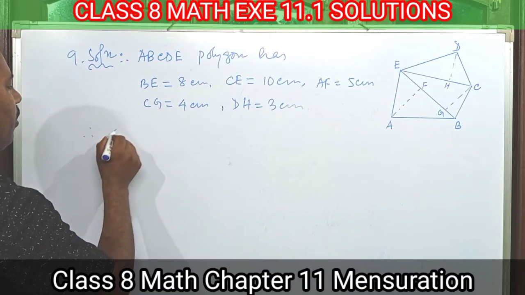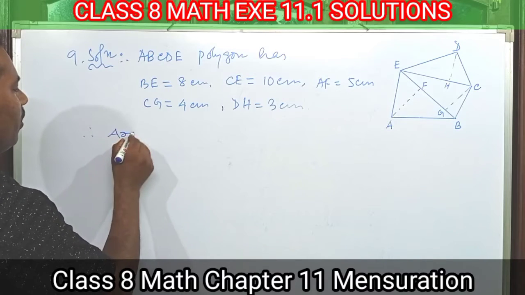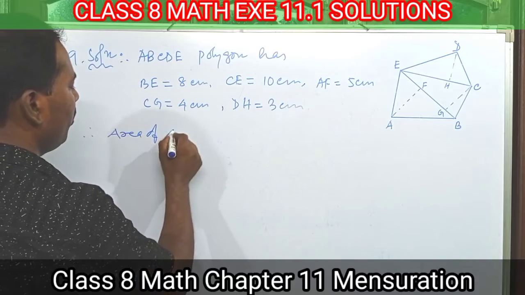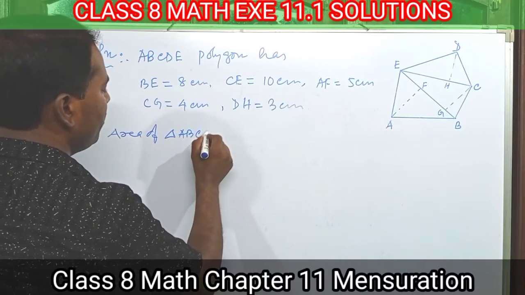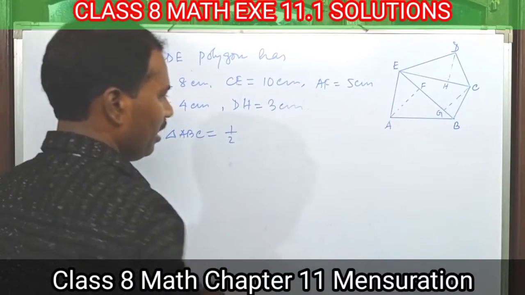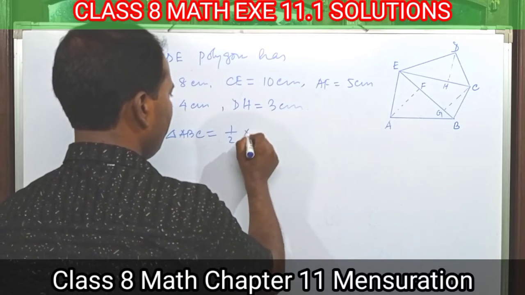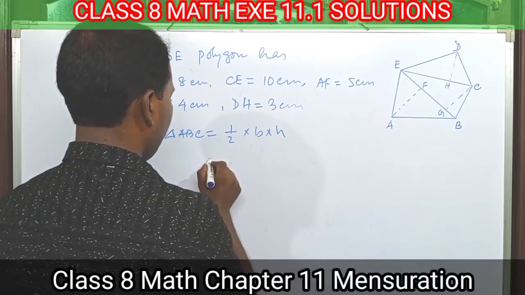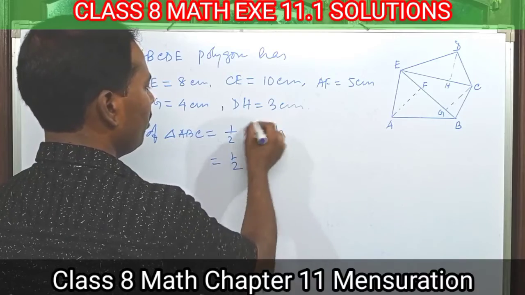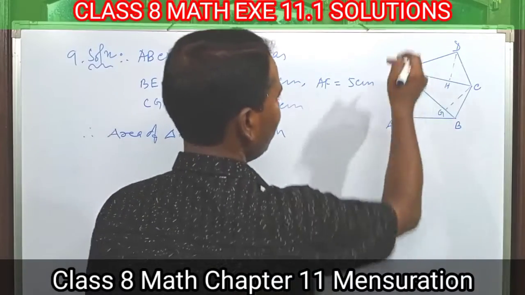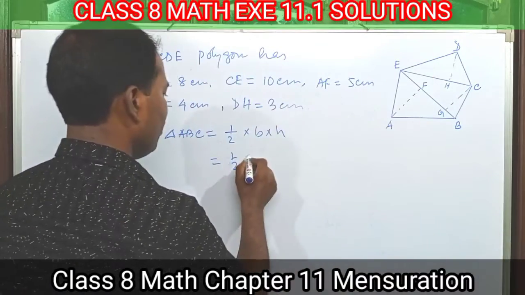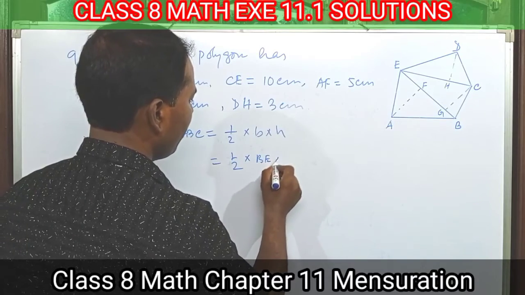Therefore, area of triangle ABE. The formula of area is half into base into height. What is the base of triangle ABE? This BE is the base. We write here BE. What is the height?